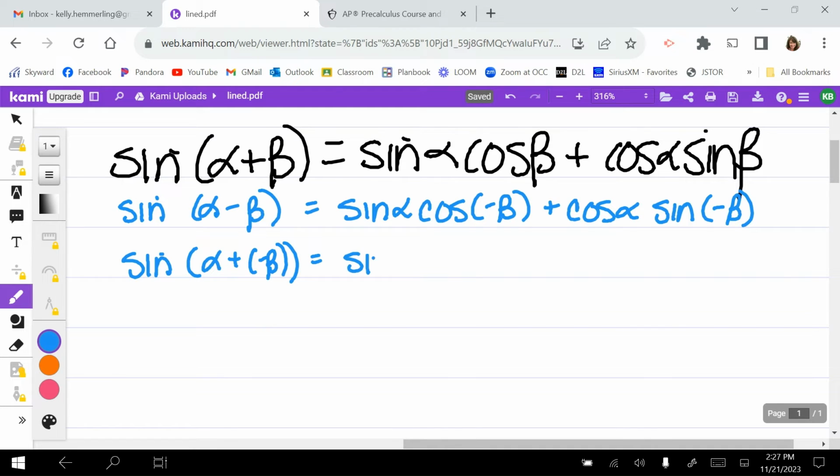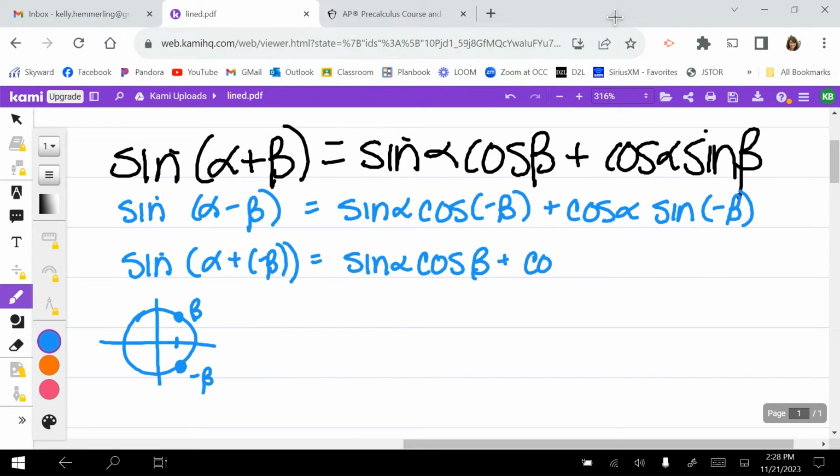And let's simplify. So sine of alpha, and then we get to cosine of negative beta. So think about a negative angle and its cosine compared to the positive angle. It would have the same cosine. So we'll just simplify that and call it cosine of beta.